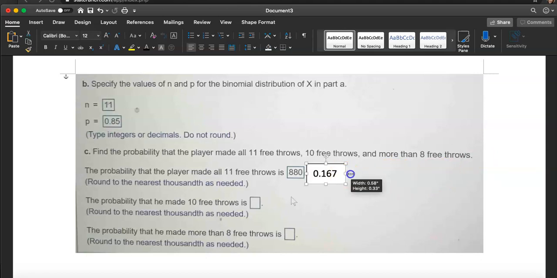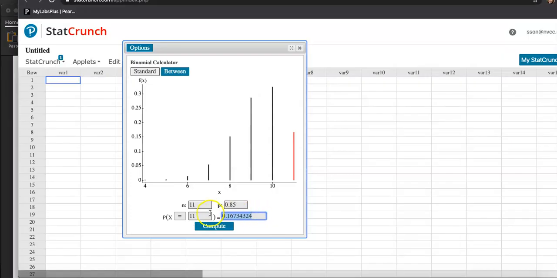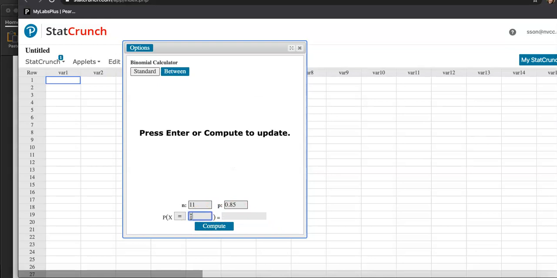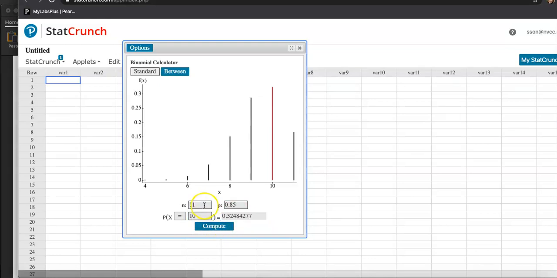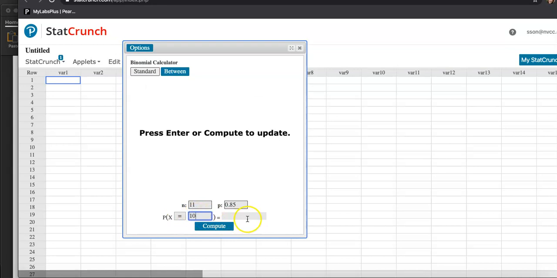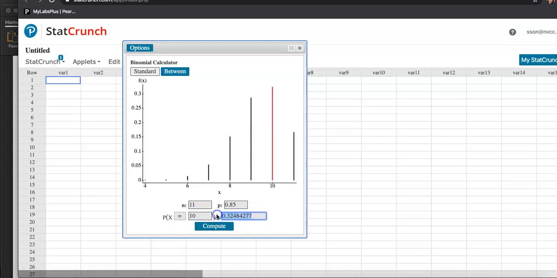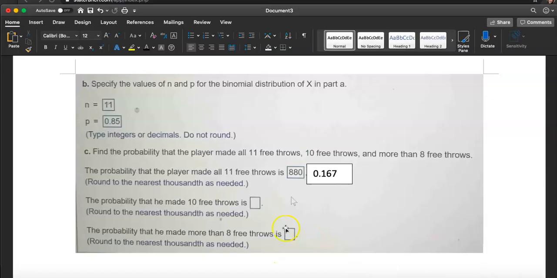Let's go ahead and try the second one. The probability that he made exactly 10 free throws. Now go back to your StatCrunch and just change that to exactly 10. n is still 11, p is still 0.85, but when you change x equals 10, you get a new number. I'm gonna copy this and then round this in my Word doc.